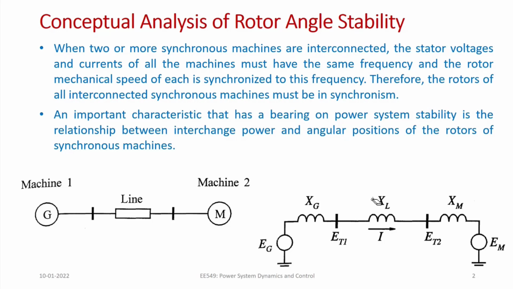We'll see that XL is the transmission line reactance, XG is the steady state reactance of the generator, EG is the generator voltage, and the terminal voltage of the generator is ET1, let us say, and the terminal voltage of the motor, let us say ET2, and XM is the steady state reactance of the synchronous motor.